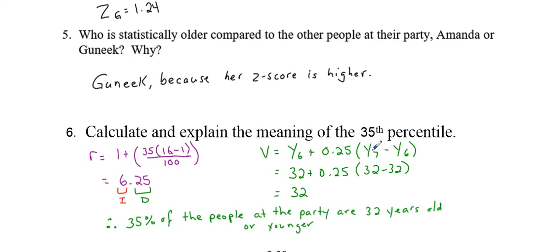If you take a look at the data, the sixth value is 32, and the seventh value also happens to be 32. So when you work this out, the 35th percentile happens to be 32. So that means 35% of the people at the party are 32 years old or younger.